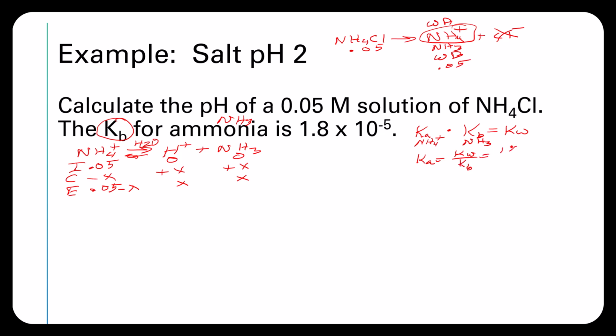Kw at 25 degrees Celsius is 1 times 10 to the minus 14, and the Kb is 1.8 times 10 to the minus 5. When I solve that, I get the Ka for NH4 plus, sorry about the handwriting, guys, is 5.6 times 10 to the minus 10.